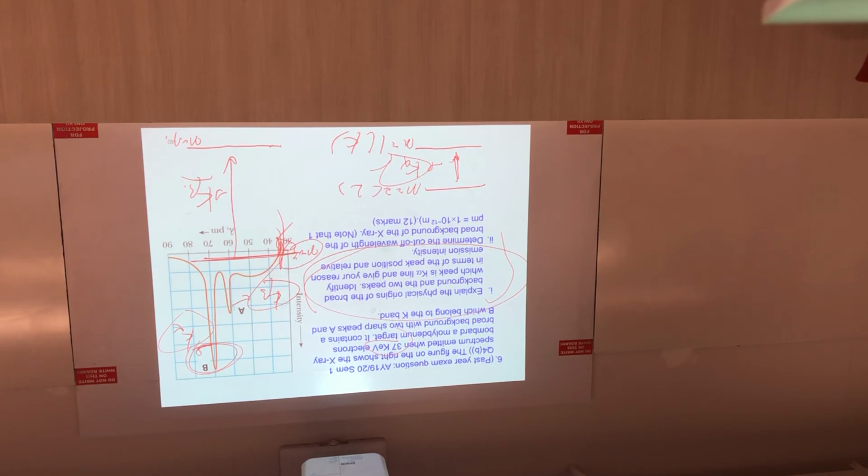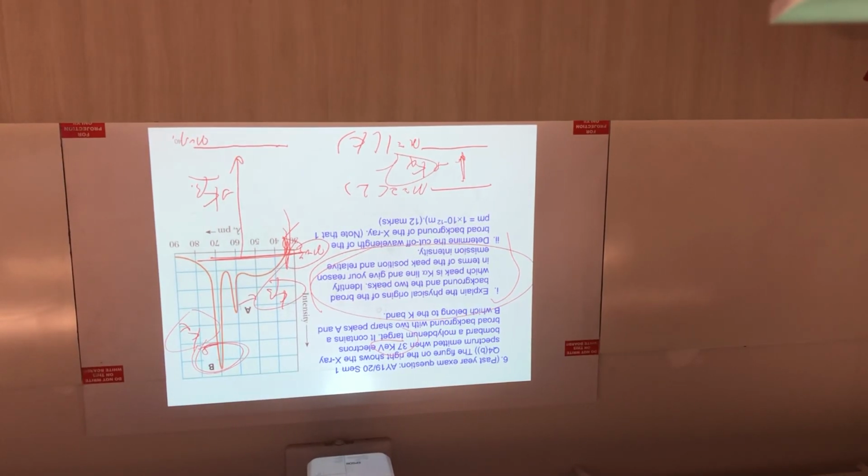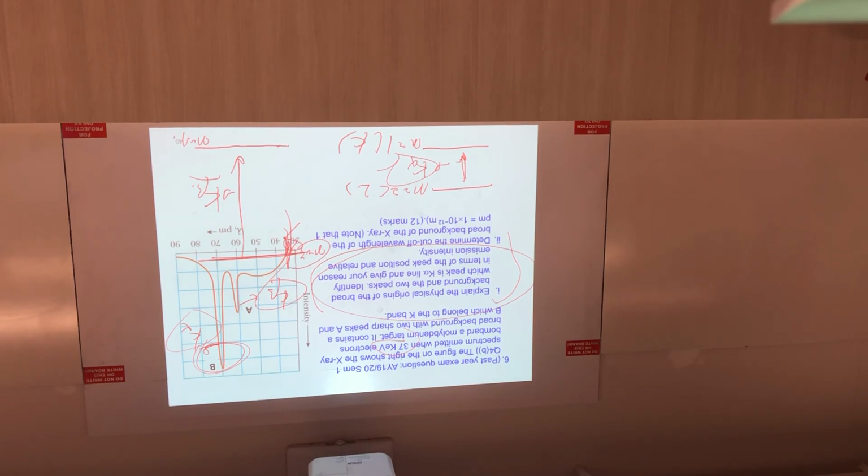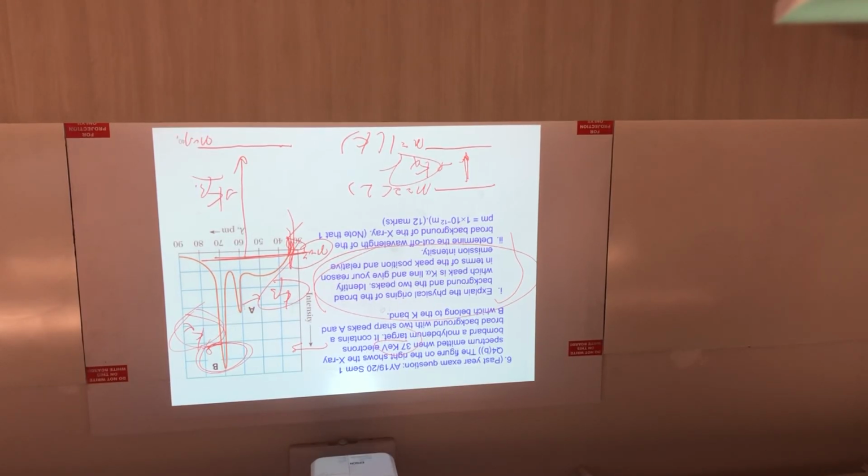Increasing intensity means more photons, isn't it? So according to this diagram, we have more photons accounting for this K alpha line. Why did it happen?